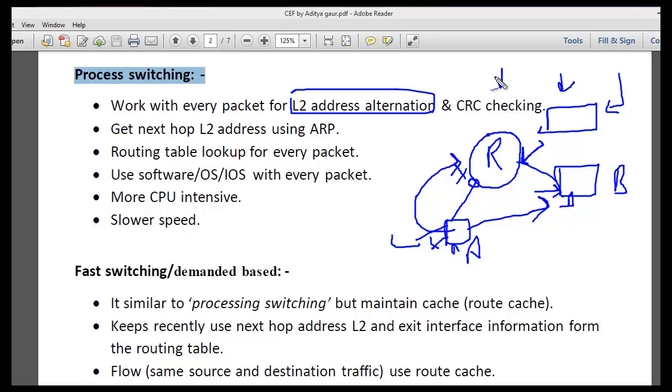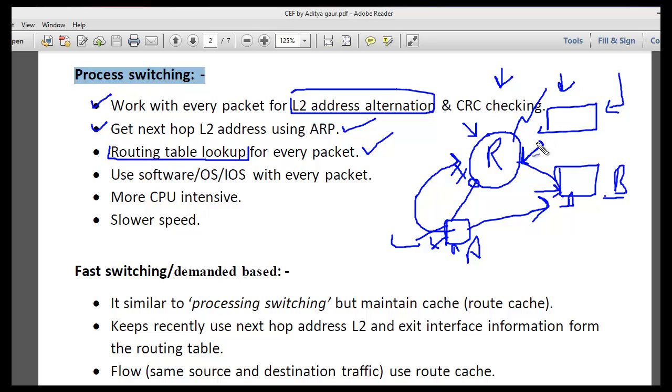In fact, it also checks your packet, that is CRC checking. So how does your router come to know the MAC address of computer B? Obviously it uses ARP. It uses a couple of tasks to forward a particular packet. It also looks at the routing table to find where it needs to forward, which is the exit interface.